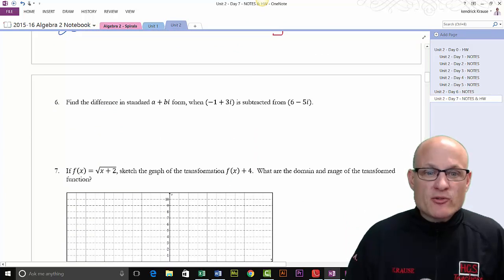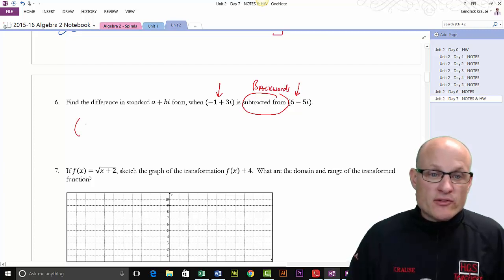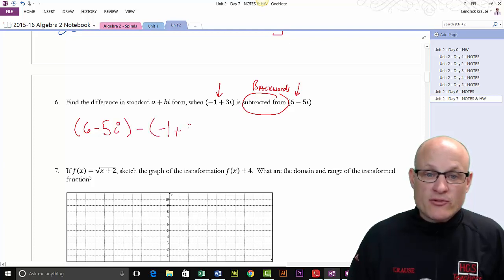What is the difference when this is subtracted from this? Now, subtracted from is tricky. It's backwards. So this is 6 minus 5i minus negative 1 plus 3i.